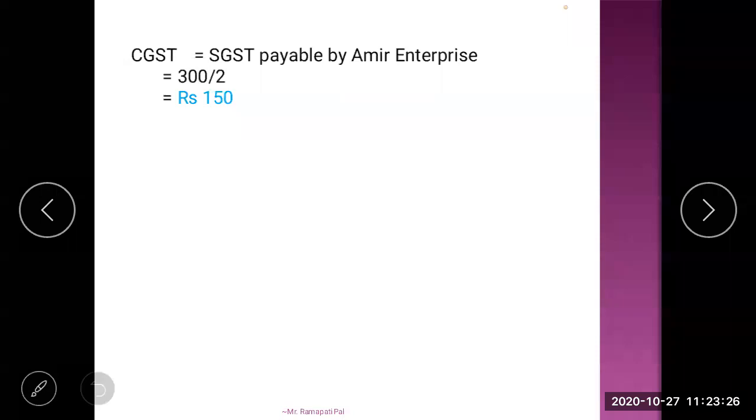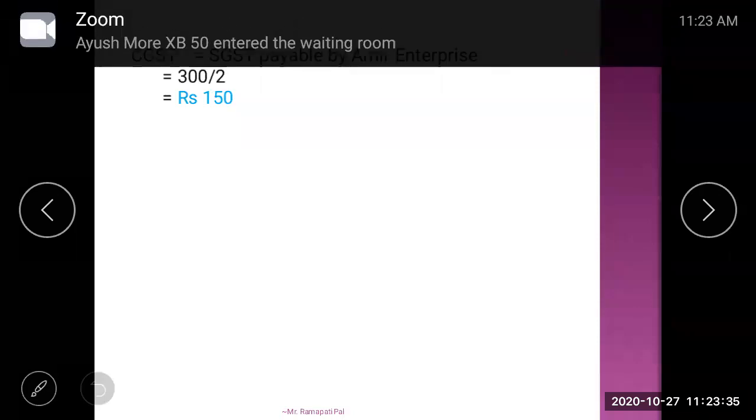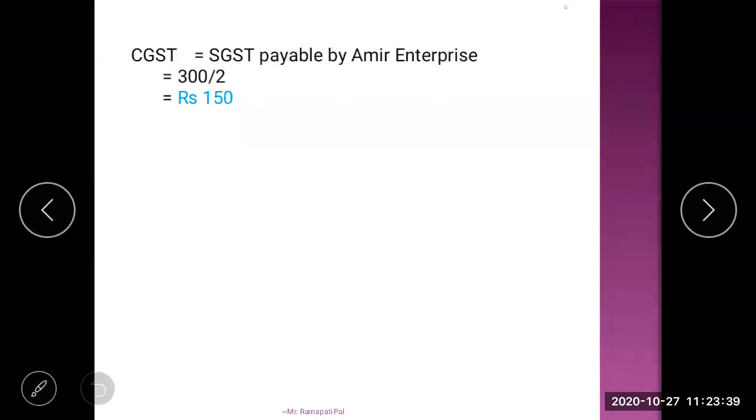For Akbari Brothers, what is input? Yes, correct. For Akbari Brothers, at the time of purchase, that is input. Correct, na? And output tax. Yes, correct.